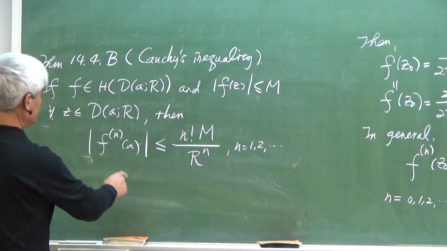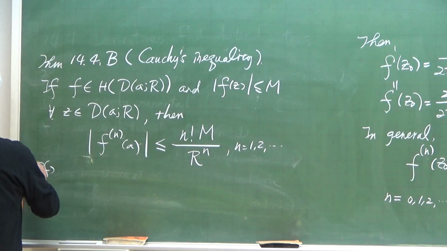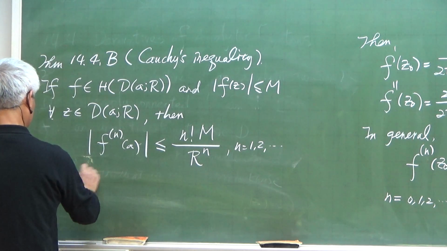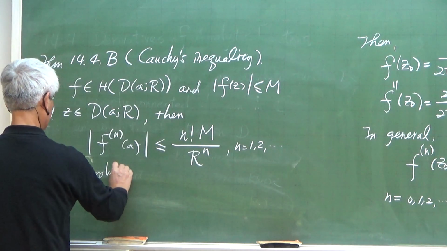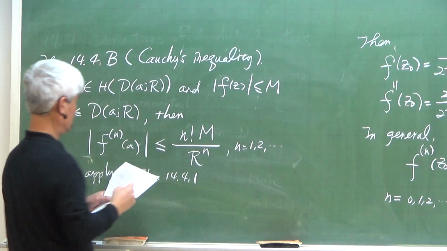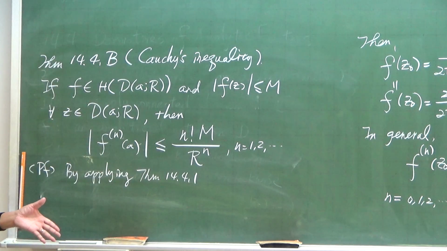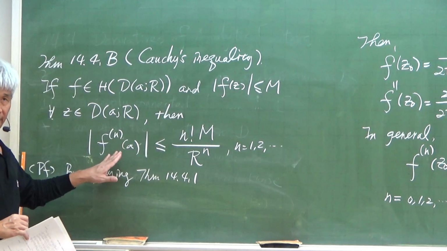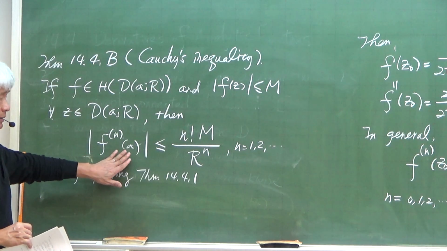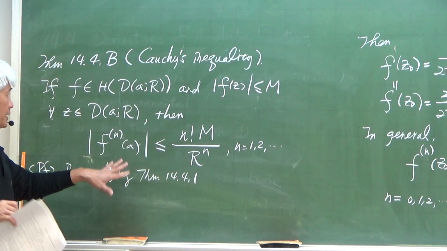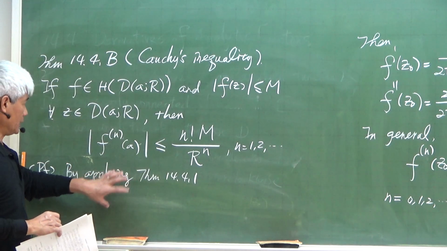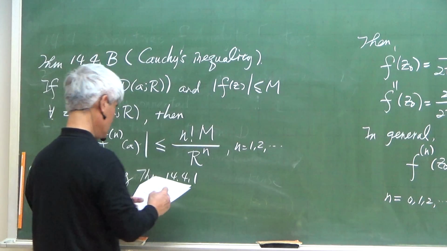The proof is by applying theorem 4.1, because we have an expression of the nth derivative of the analytic function at point A using a line integral. So actually this is quite simple.